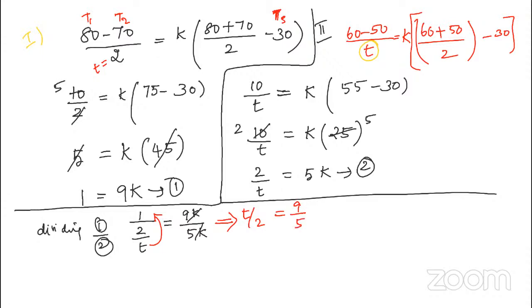Next, you have to cross multiply this one. So T is equal to 9 into 2 divided by 5, which is equal to 18 by 15 minutes. Okay, 18 by 15 minutes, you have to divide. It is 3.6 minutes. Okay, so this is our answer.